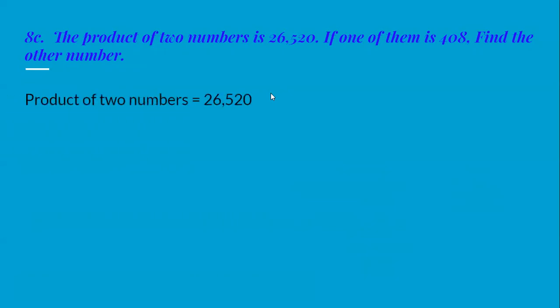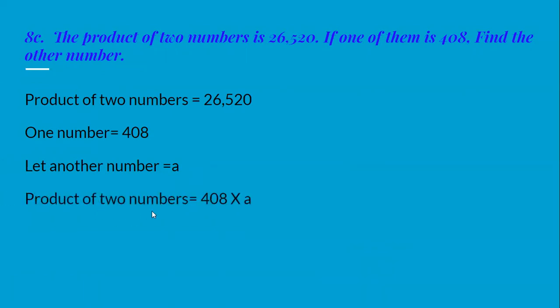Let us start. Product of two numbers is 26,520. One number is 408. Let the other number equal A. We have supposed that we don't know the second number, so let it be A. Now the product of two numbers equals first number times second number. Our second number is A and the first number is 408.